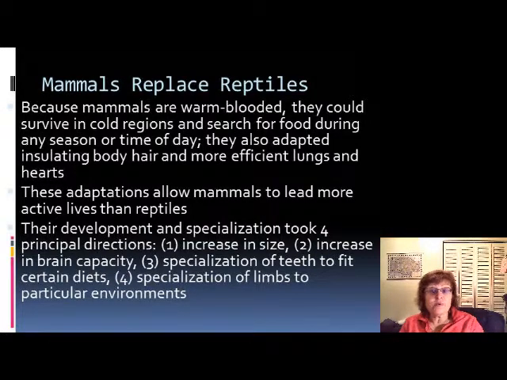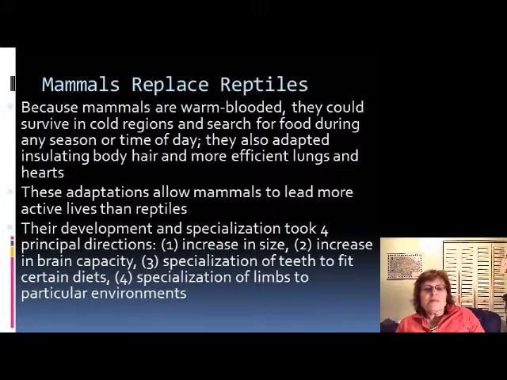So these were very important steps in the mammals taking over from the reptiles. This allowed the mammals to live much more actively than the reptiles did. As soon as it got cold, the reptiles slowed down and were basically unable to do anything.